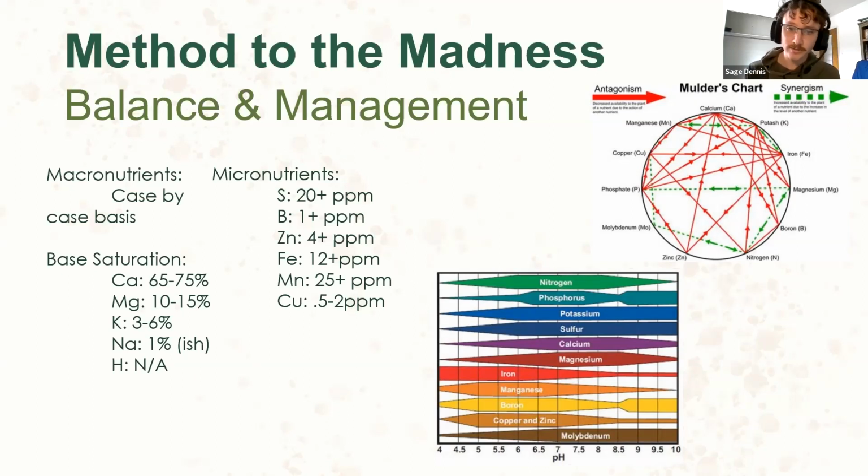Just looking right down there, those iron, manganese, boron, copper, and zinc at a 7.5 pH are very difficult to uptake. As we drop down to that 5.5 pH, many of the macronutrients become difficult to uptake. So that's why there's this balance, and that's why most individuals recommend a 6.2 to 6.8 slightly acidic soil. It's just because that is where most nutrients are the most available.